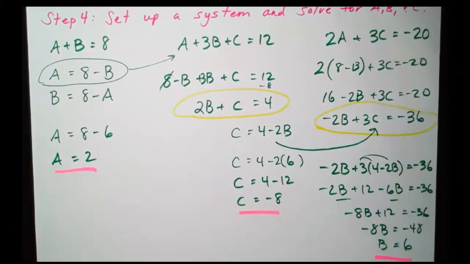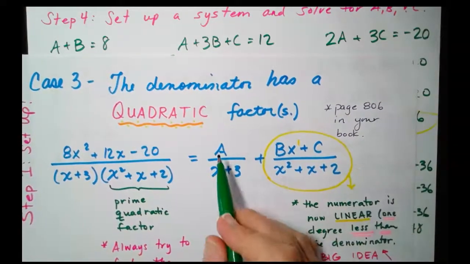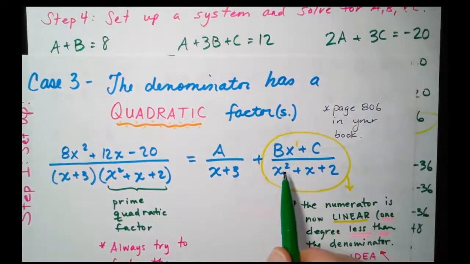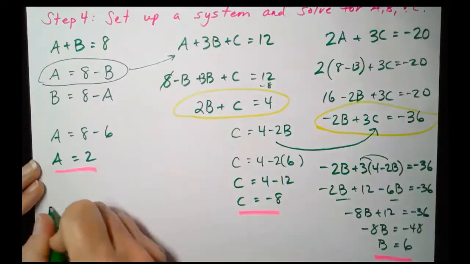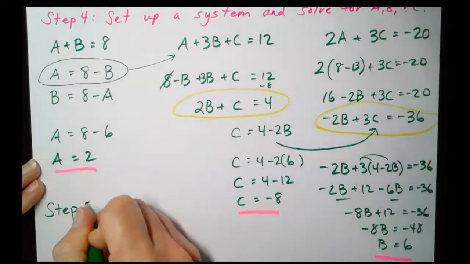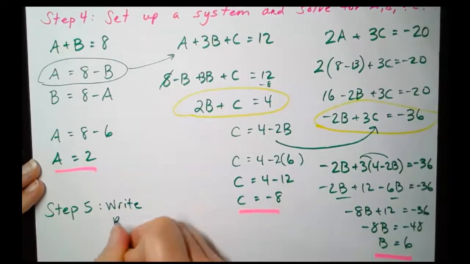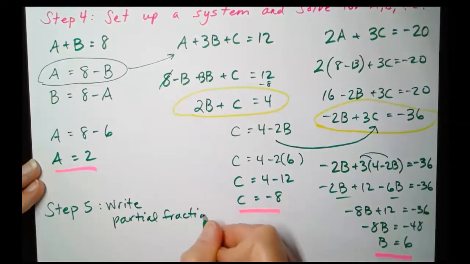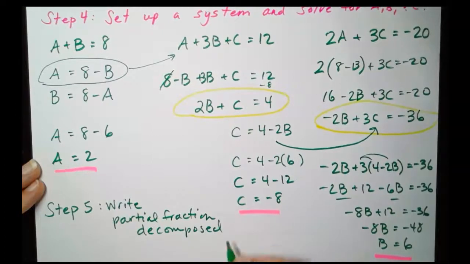Let's go all the way back to the first part of the problem, which was writing out the expansion, A over x plus 3, Bx plus C over x squared plus x plus 2. So our last step, step 5, is to write the partial fractions. Partial fraction decomposed.